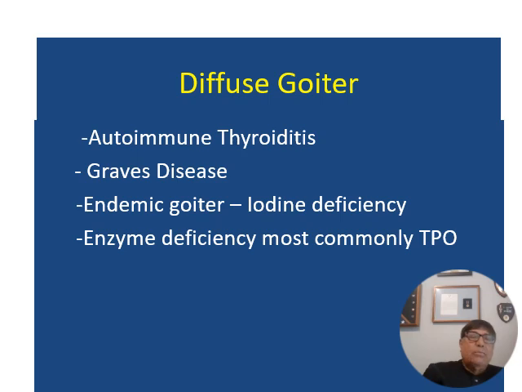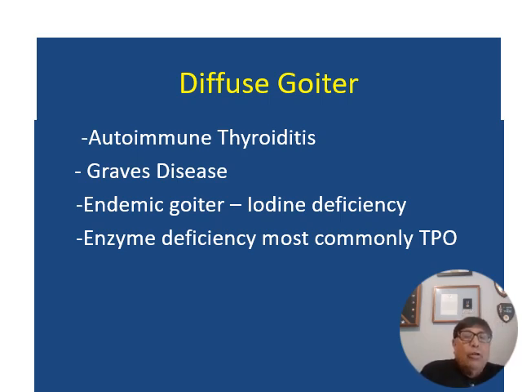So for example, if we find a diffuse goiter, what could be the differential diagnosis? What are the etiologies of a diffuse goiter? In general, the first thing we would think about is autoimmune thyroiditis, also known as Hashimoto thyroiditis.